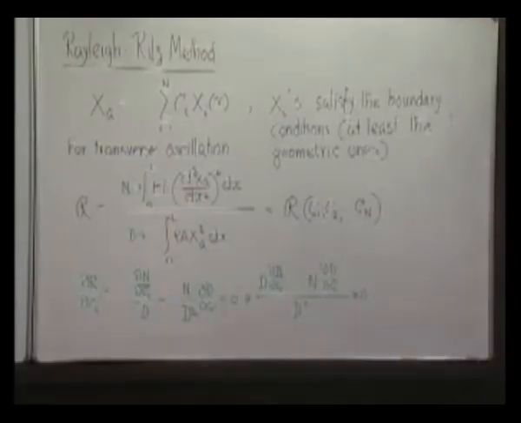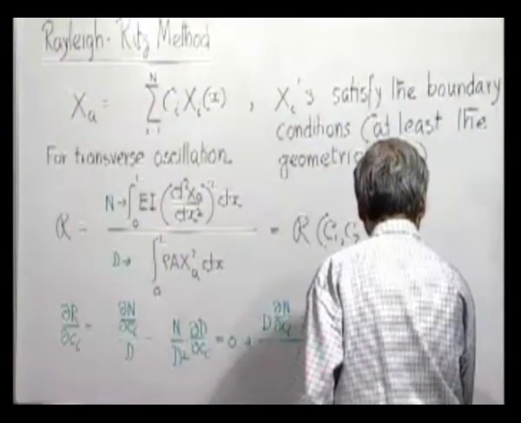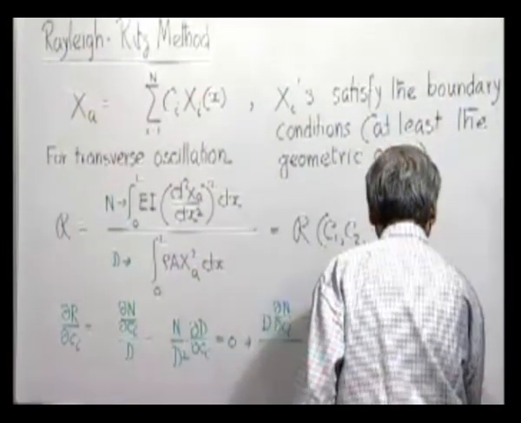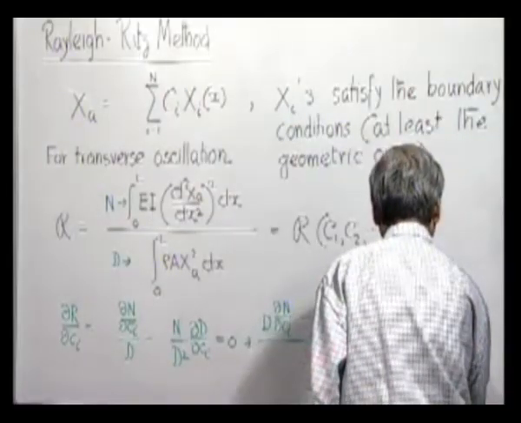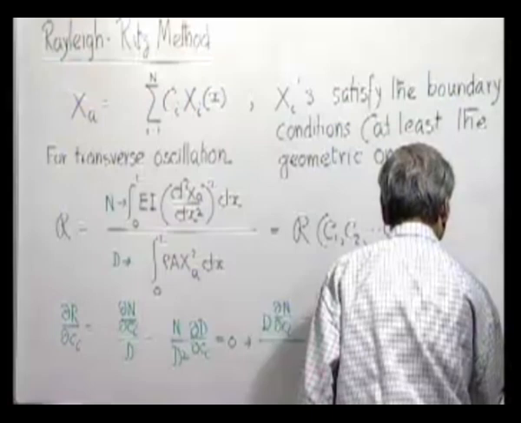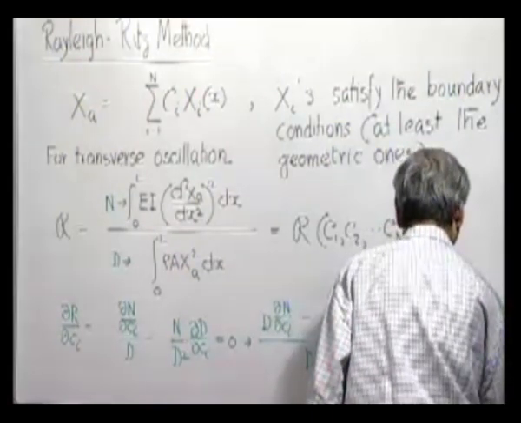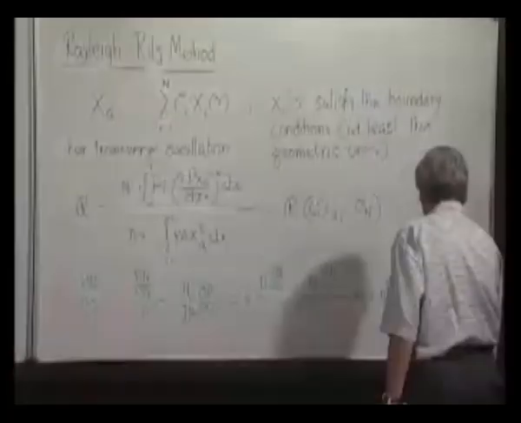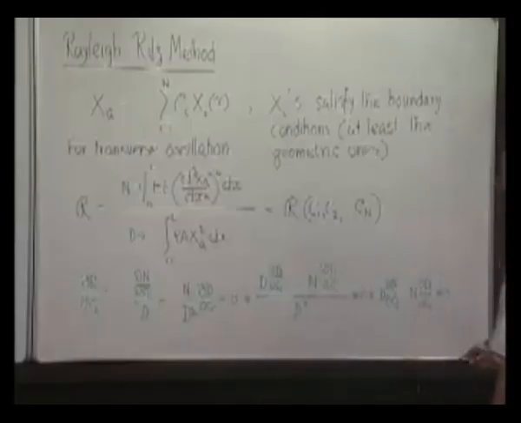Since D square is not 0, this still gives us D dN dCi minus N dD dCi equal to 0, and this is nothing but that.